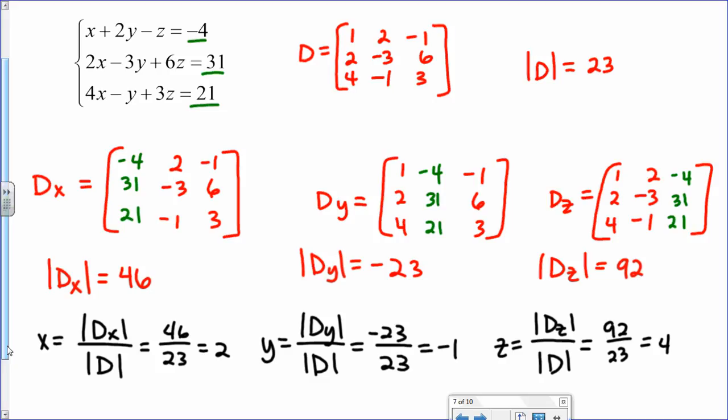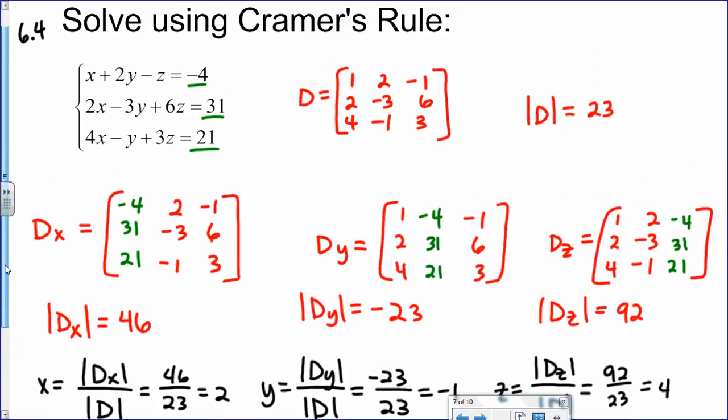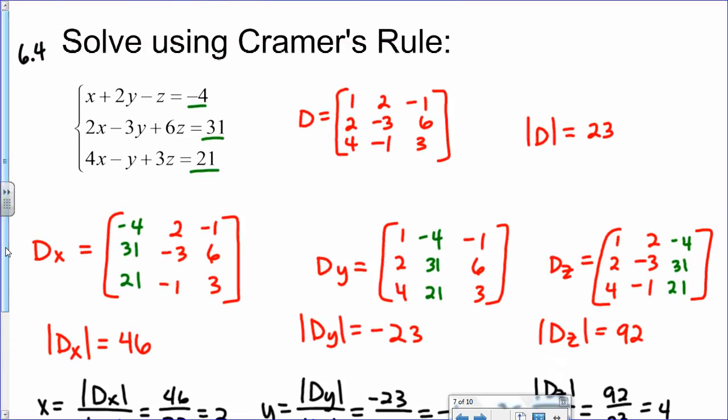What did the question say for this problem? So the question is just like this. Solve using Cramer's rule. Yep. So if it's a 3 by 3 system, meaning 3 variables, 3 equations, then you'll be finding 4 determinants because you have to find your original D and then Dx, Dy, Dz. Okay.